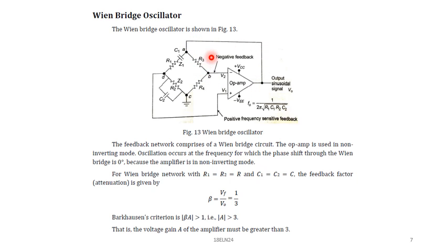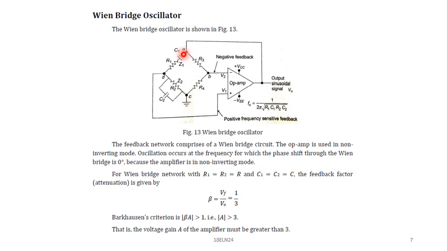So R3 is acting like a feedback resistance, and R4 is acting like an input resistance. So the gain will be decided by R3 and R4. And at the other end you have one capacitance and one resistance connected in series. This type of network we call a lead network. And at one more end you have capacitance and resistance connected in parallel. So this is called a lag network.